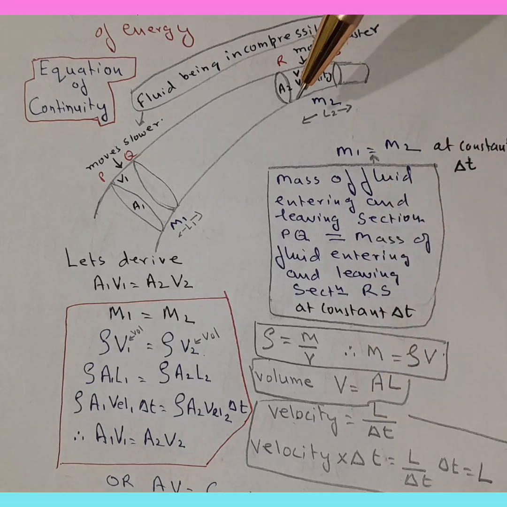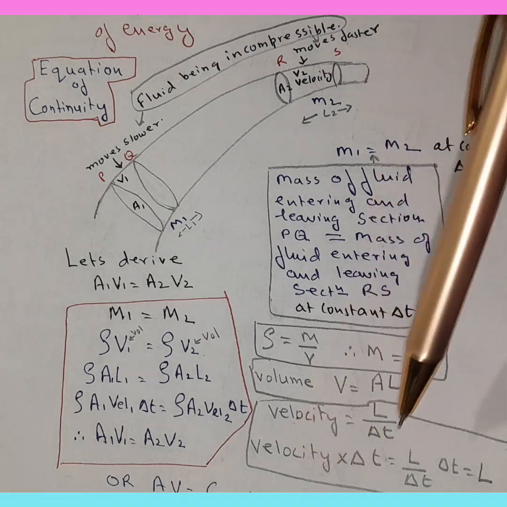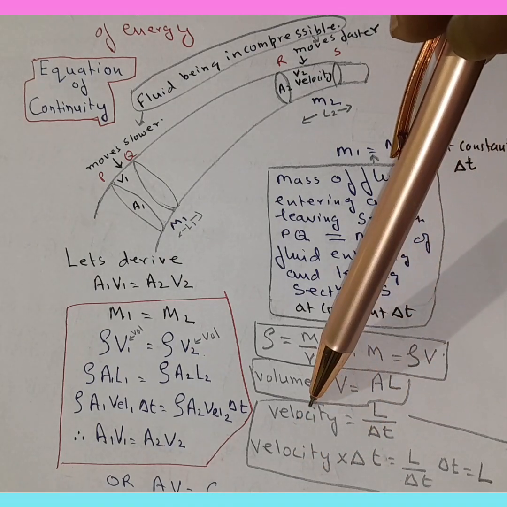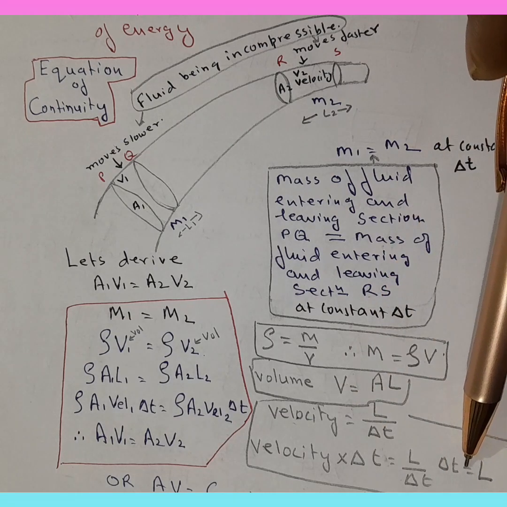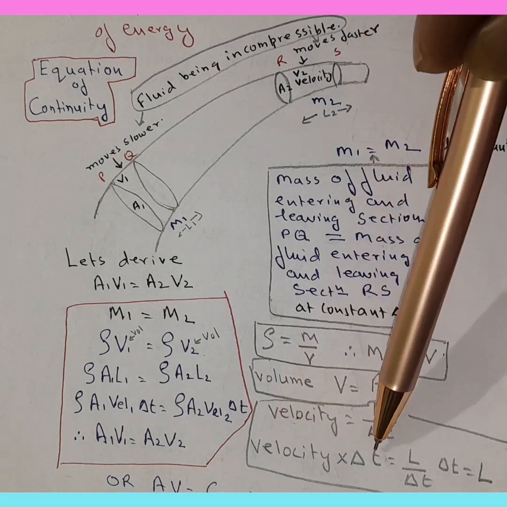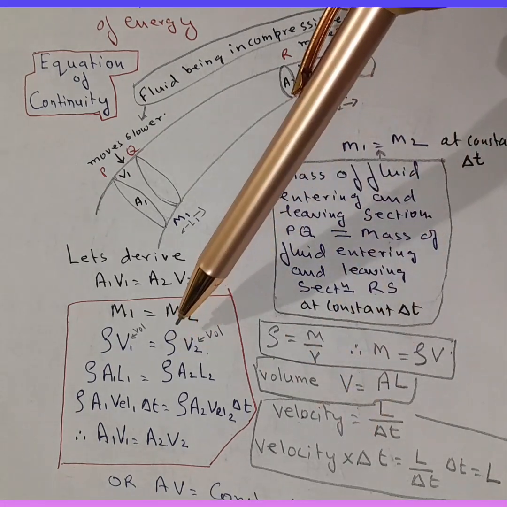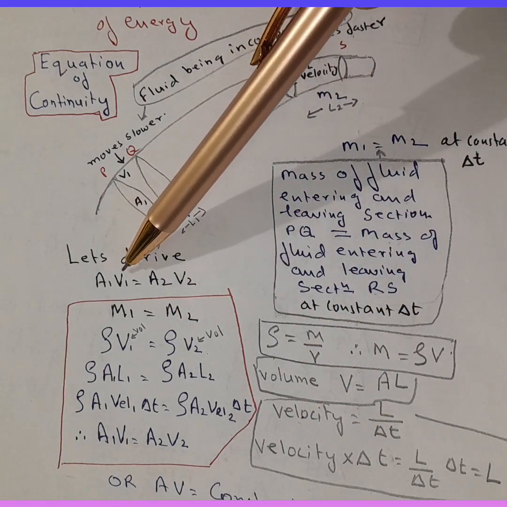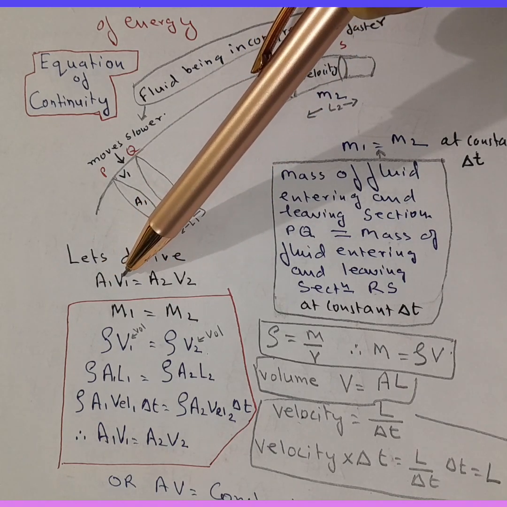So if I multiply velocity with delta T, what we have is L. So L can also be represented as velocity into delta T. Keeping the conversions in mind, let us proceed to derive A1 V1 is equal to A2 V2, where A is the area of cross section, V is velocity.